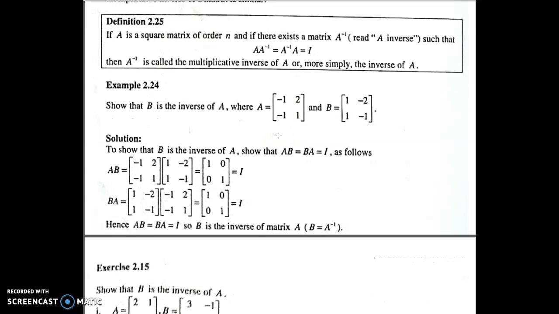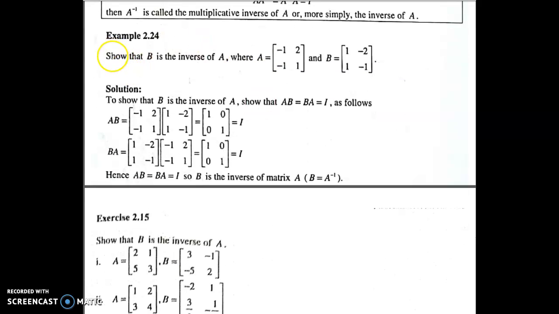Then the matrix inverse of A is called the multiplicative inverse of A, or more simply the inverse of A. If they fulfill this requirement, this can be called an inverse of that original matrix.